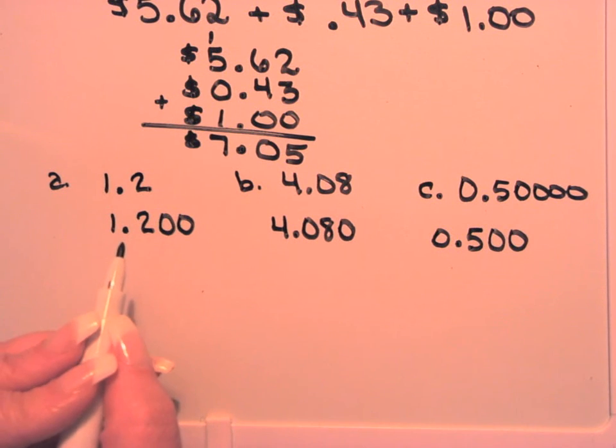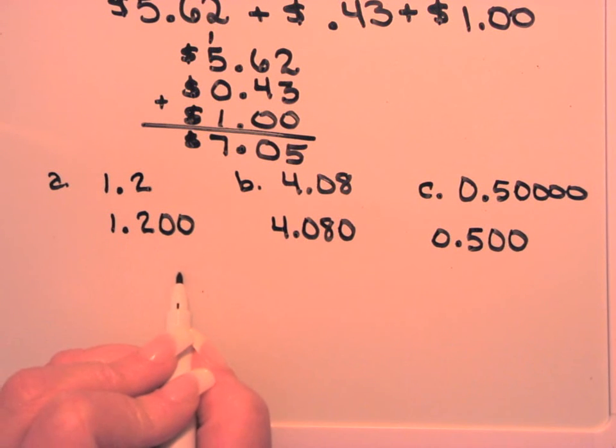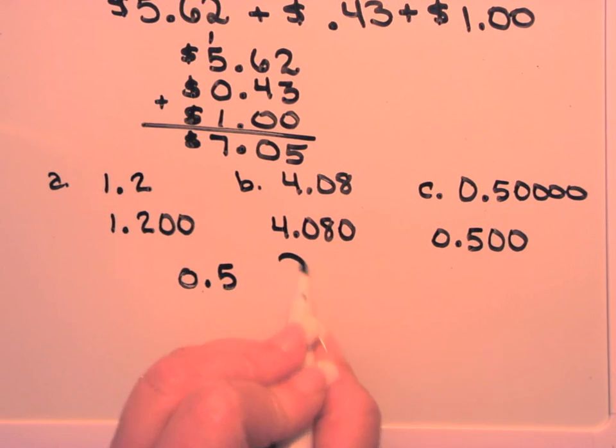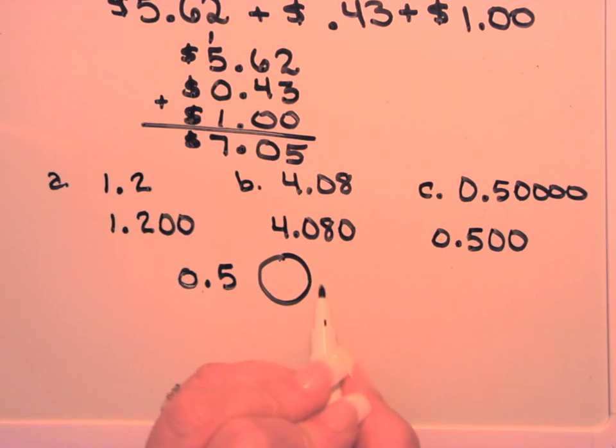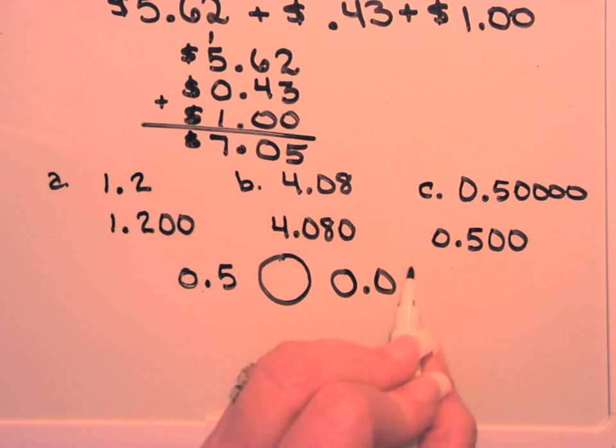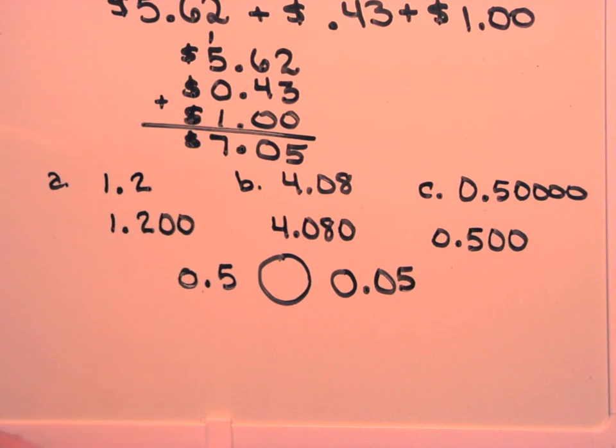So let's say we have something like this. We have 0.5 is greater than, less than, or equal to, and we have this number over here. Well, when we look at this, let's add a little 0 to the end of this.